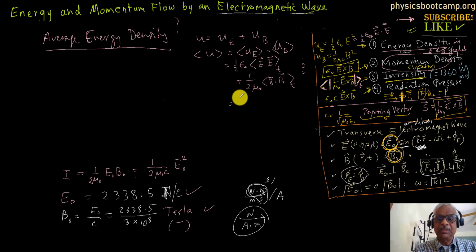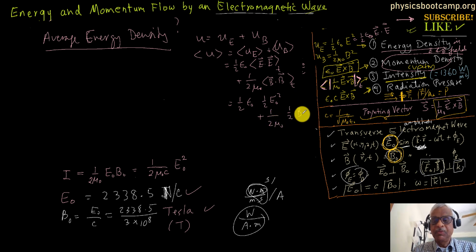You can see this is going to be 1 over epsilon naught, and just like that it is going to be half E naught squared, because the time average will give me half, and the other one will be similarly 1 over 2 mu naught, half B0 squared.